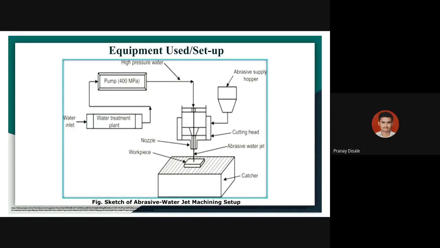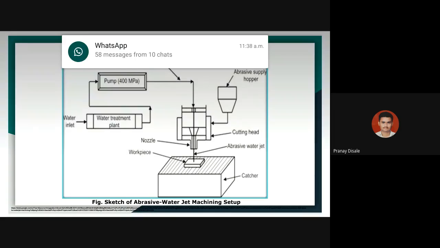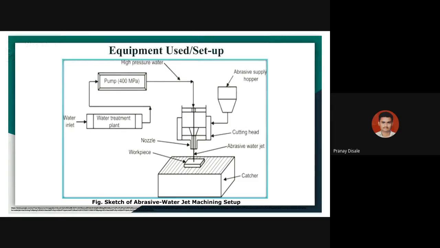Then in the mixing chamber, the high pressure water and the abrasive particles mix, and through the mixing tube you can give that abrasive water jet mixture to the nozzle. You can impinge, strike, or hit it on the workpiece by maintaining a standard stand-off distance, or nozzle tip distance.